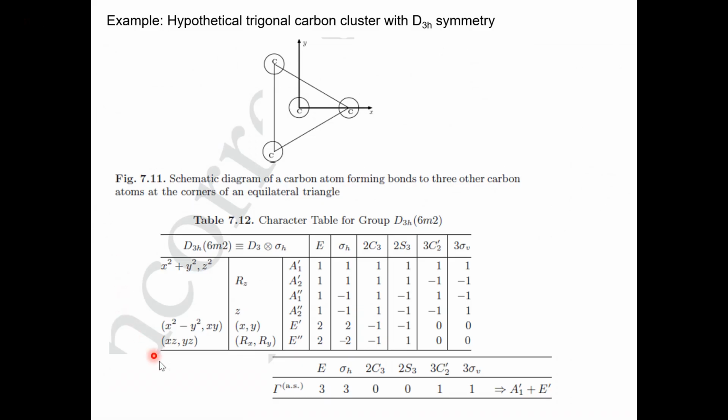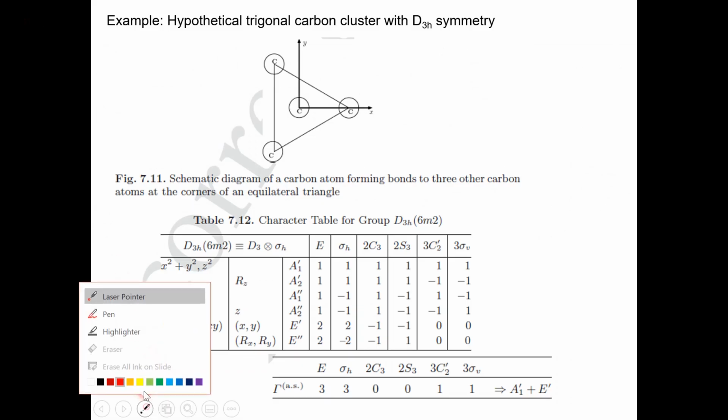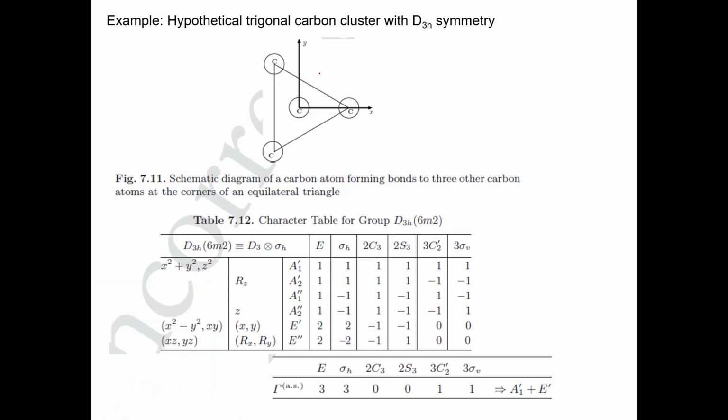But that's the idea. I have one central carbon atom, and it makes bonds with 3 neighboring carbon atoms that are located in the vertices of an equilateral triangle.